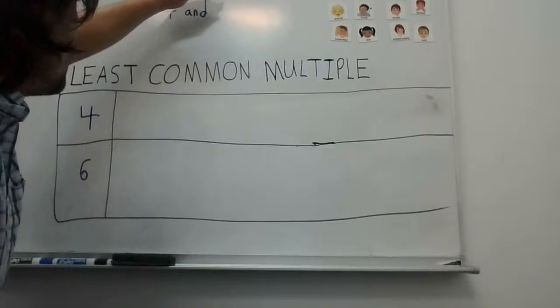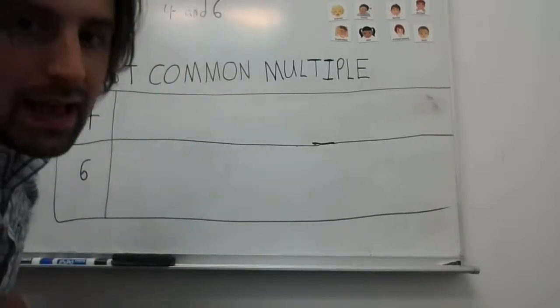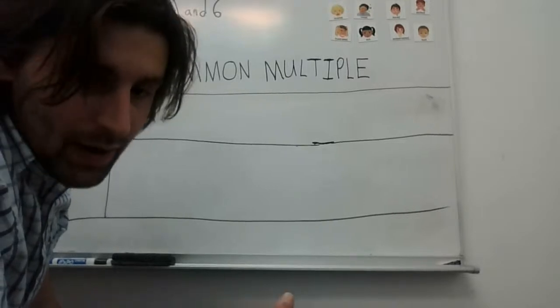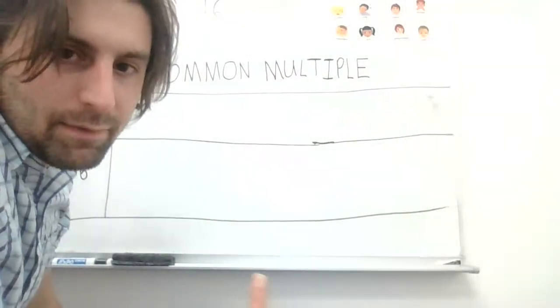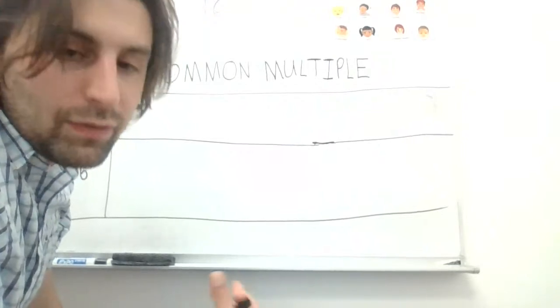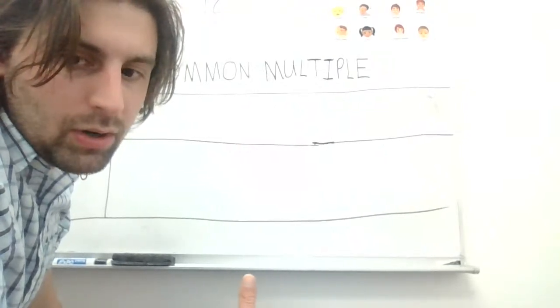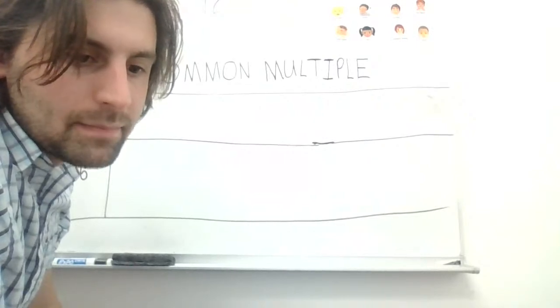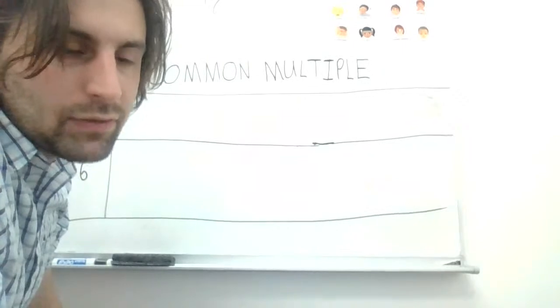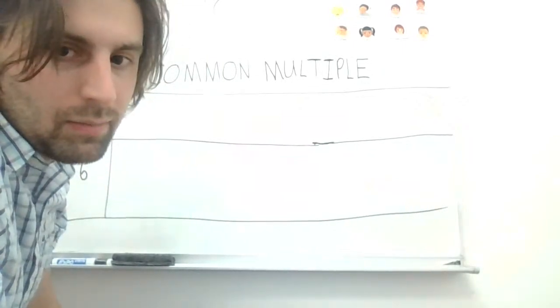So what I'm going to do, there was a student asking me today, how do I know how many multiples to write for each number? Very, very good question. Like I said, for the first problem, what I would do is I would write down 5 multiples for each number. And then after writing down 5 multiples, see if there's any multiples in common between the 2 numbers.